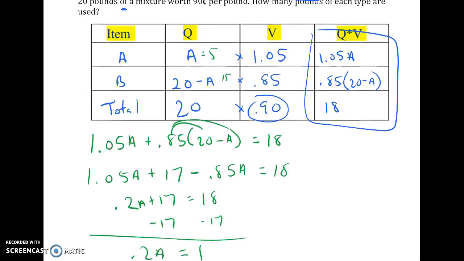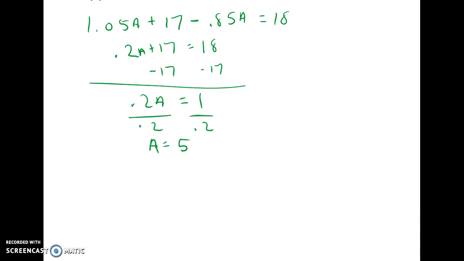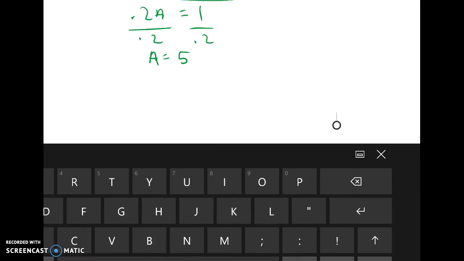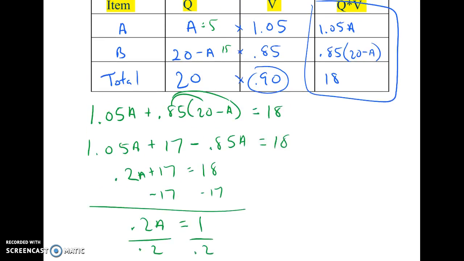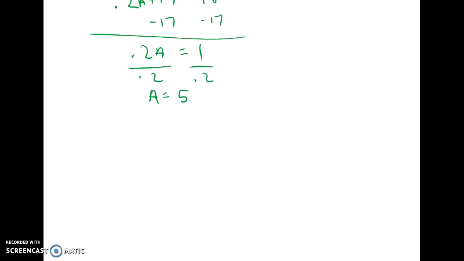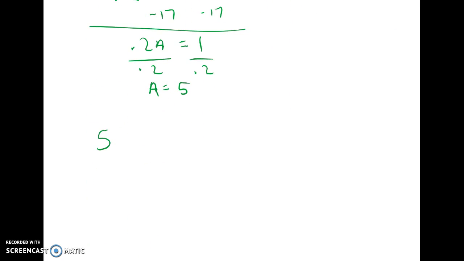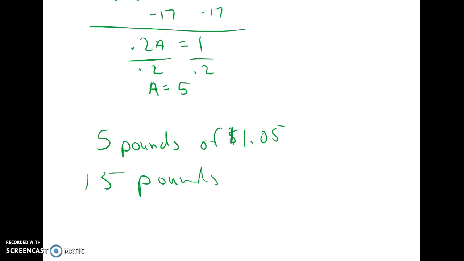So my answer here is I need to get A, which is coffee worth $1.05, so I need 5 pounds of the $1.05 mixture, and I need 15 pounds of the 85 cents mixture.